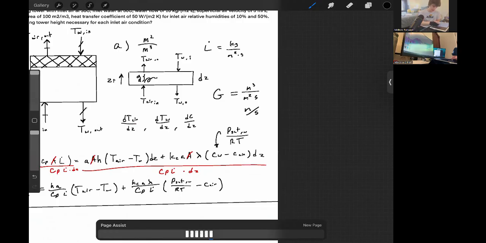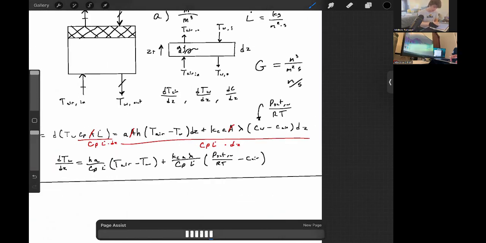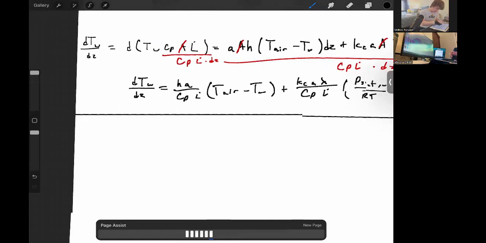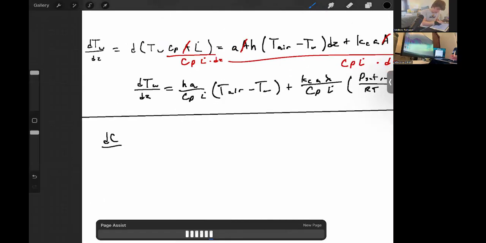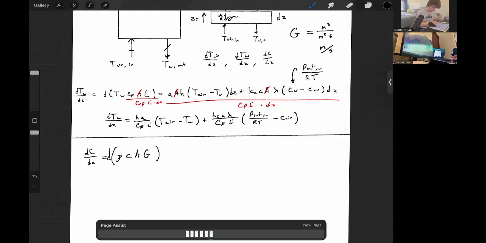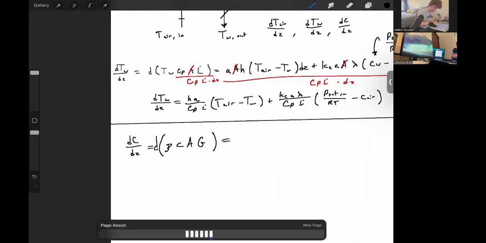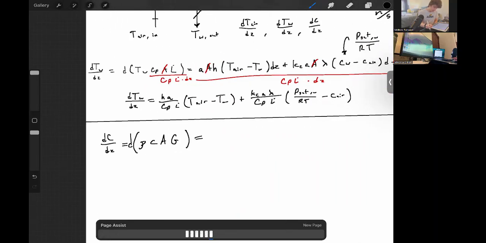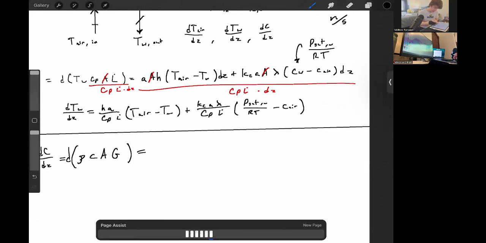When we plug this in, what we're going to get for the change of concentration over some change of distance is our density multiplied by our concentration and area, and then multiplied by our new velocity that we've made, right? We're going to set this equal to, in this case, we only need the mass transfer.